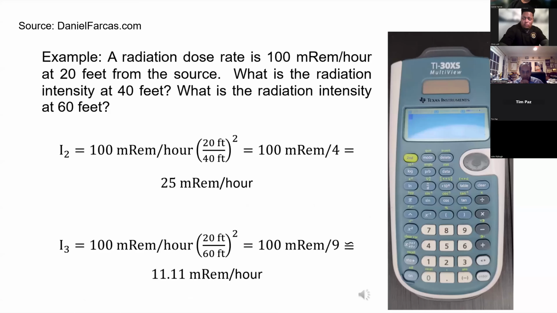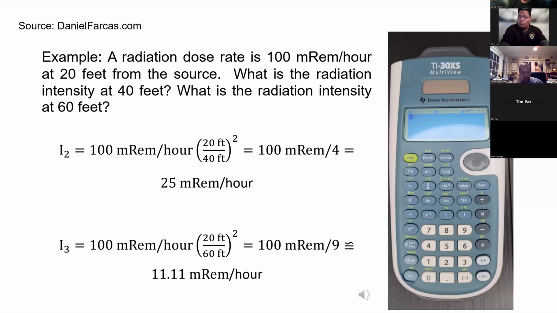For example, a radiation dose rate is 100 millirem per hour at 20 feet from the source. What is the radiation intensity at 40 feet or 60 feet?